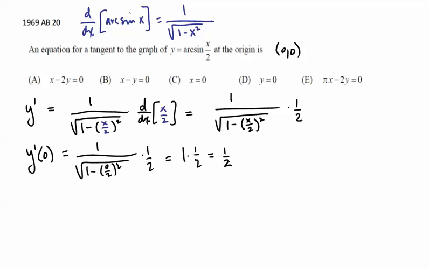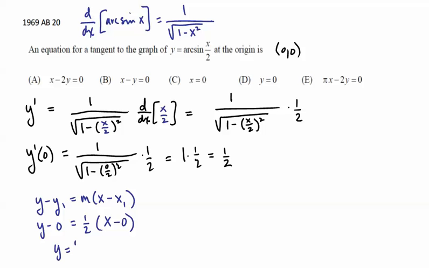So that's the slope of our tangent line, and the point is at (0, 0). So we now have y minus y1 equals m times x minus x1. Plugging in, y minus 0 equals 1/2 times x minus 0, leaving us with y equals 1/2 x.